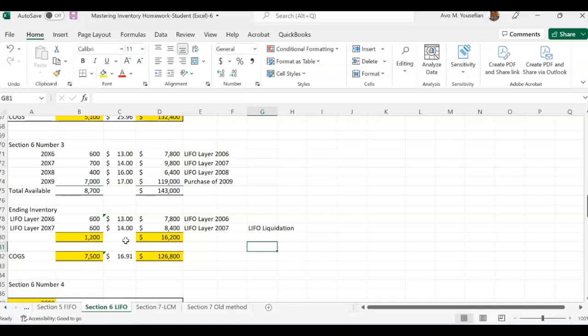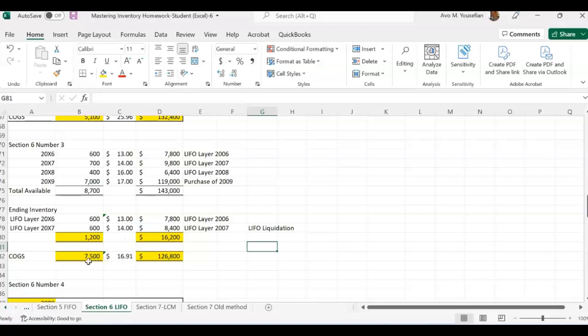Gross profit ratio is gross profit divided by net sales. And then all of a sudden investors get excited. That's the reason the company has to disclose and say, don't get too excited, because we got such a higher gross profit ratio because we did LIFO liquidation.